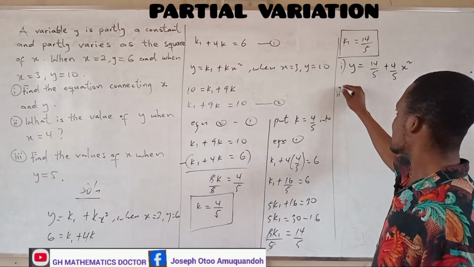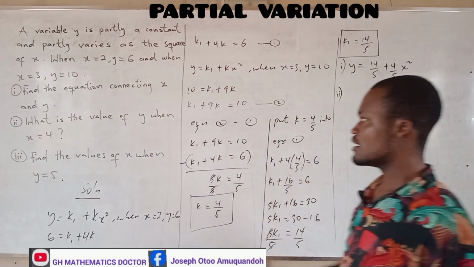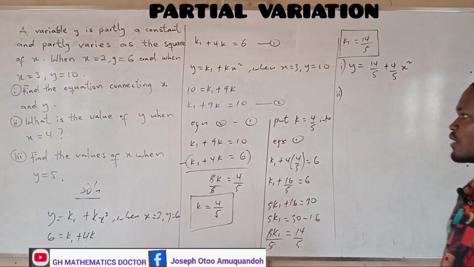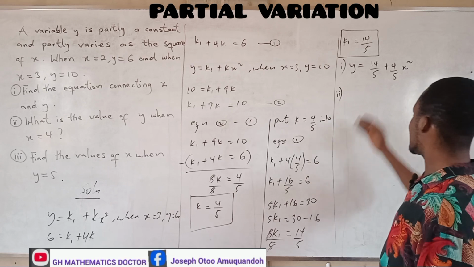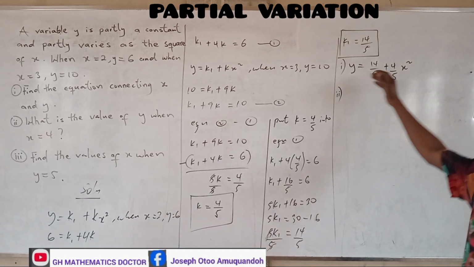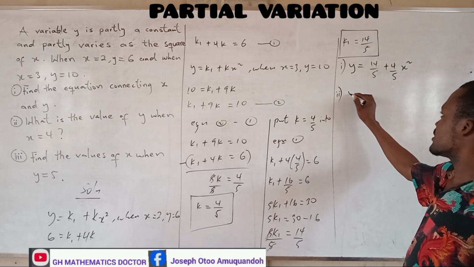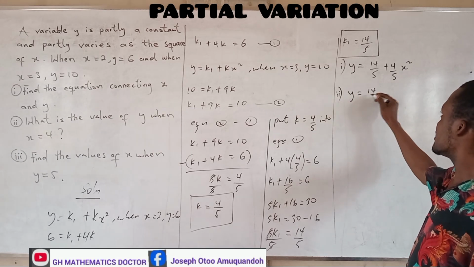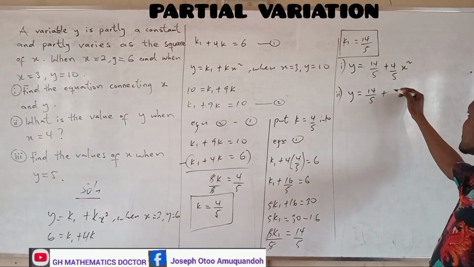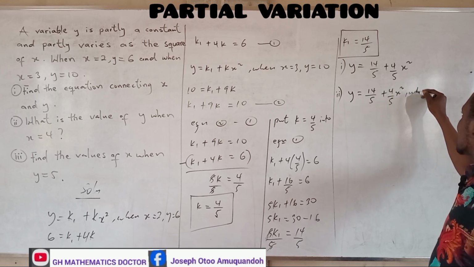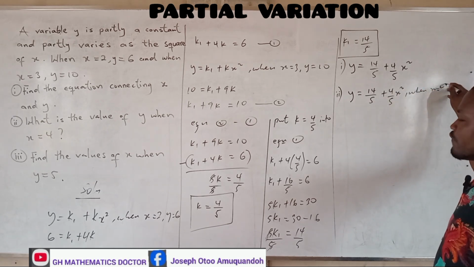Let's come to the second question. The second question says, what is the value of y when x equal to 4? So for us to get the value of y when x equal to 4, we take this expression and substitute x equal to 4 into it and find the answer for y. So y equal to 14 over 5 plus 4 over 5 x squared when x is equal to 4.